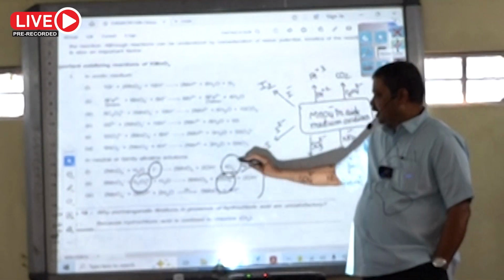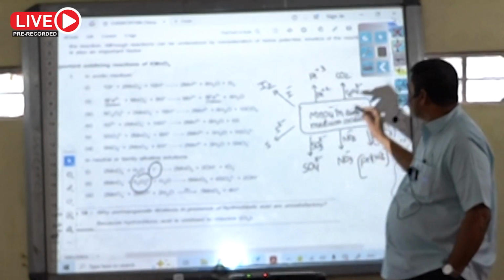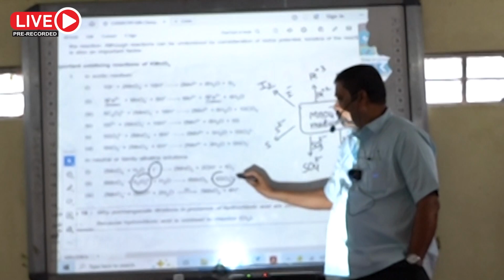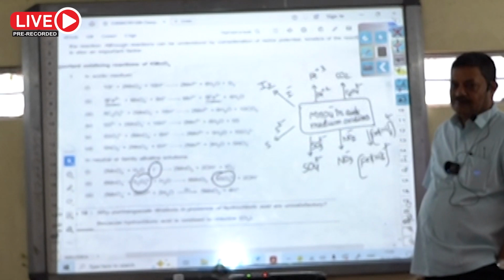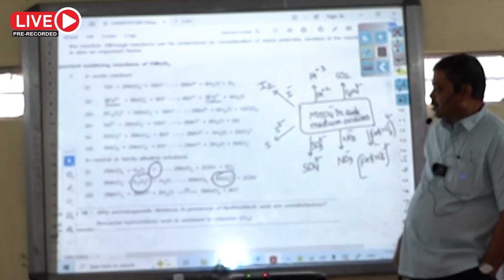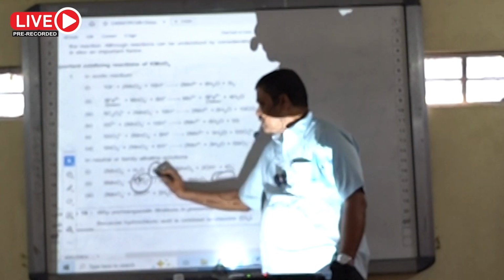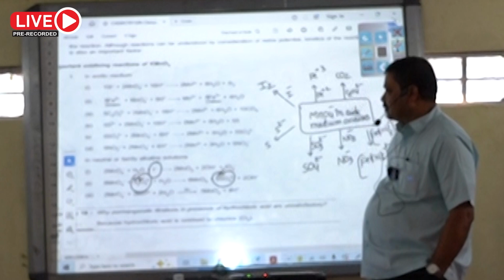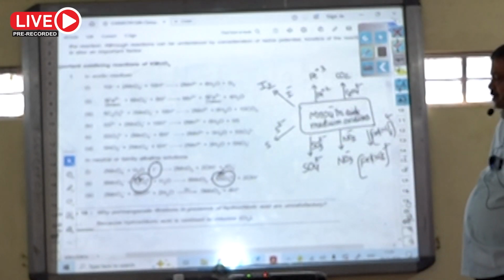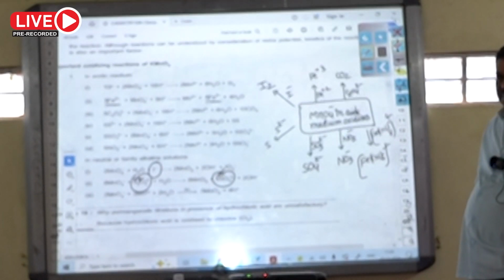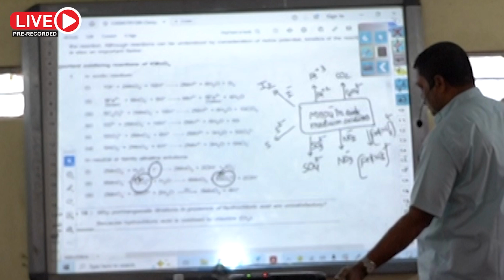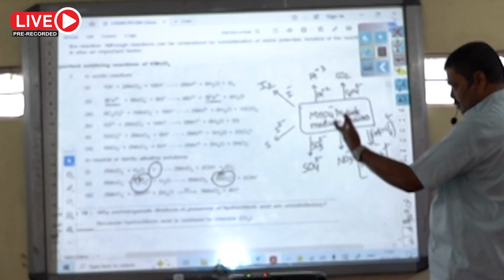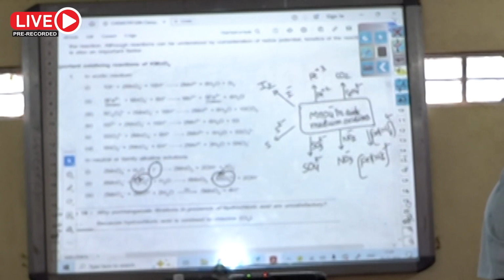In thiosulfate, sulfur is having +2 oxidation state. So +2 to +6. The last one, Mn2 plus, manganese 2 plus ion to manganese dioxide. Be careful, all these are already asked in the examination. All three are very, very important.